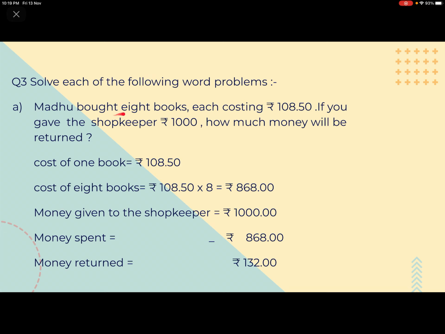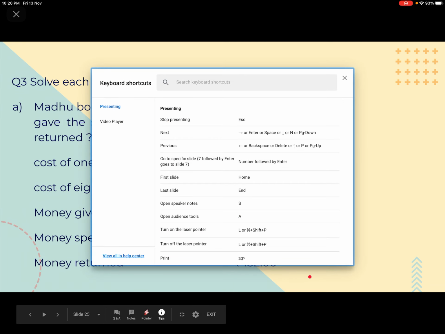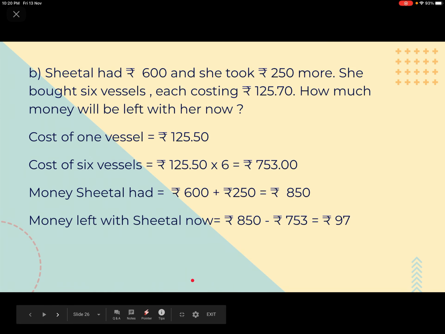How many books did Madhu buy? 8 books. So when I multiply it by 8, I get the total money spent by Madhu. Now money given to the shopkeeper, rupees 1000. Money spent is rupees 868 and 0 paisa. So money returned by the shopkeeper. A simple sum of subtraction. When you subtract, you get rupees 132.